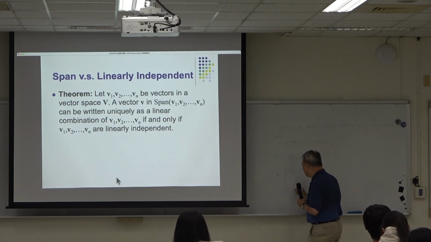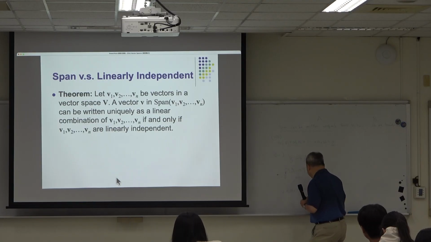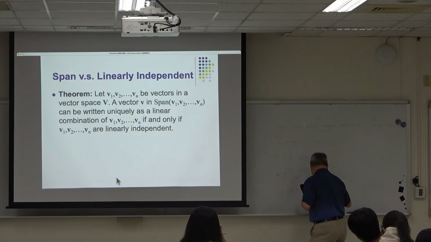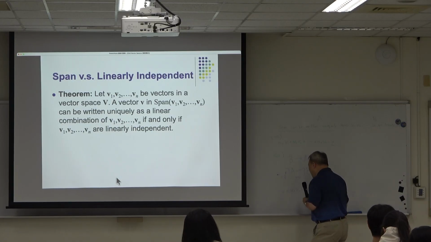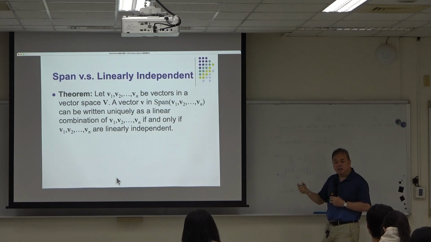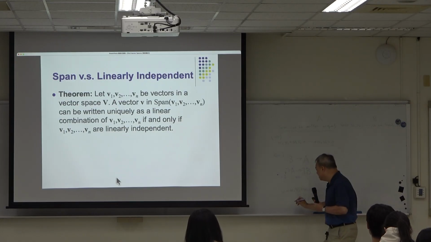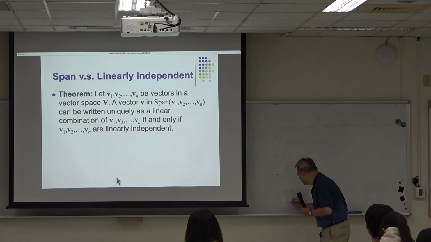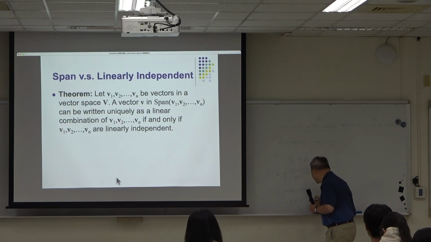Say V can be written as alpha 1 v1 plus alpha 2 v2 plus ... plus alpha n vn, and it has another way to write it. It's not unique: beta 1 v1 plus ... plus beta n vn.